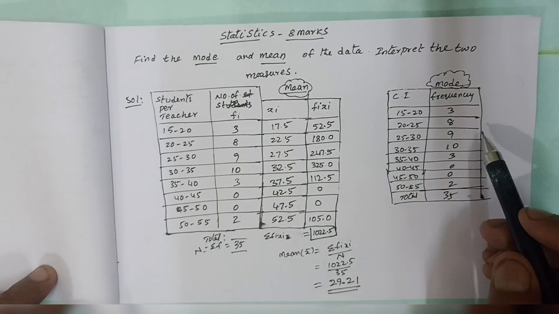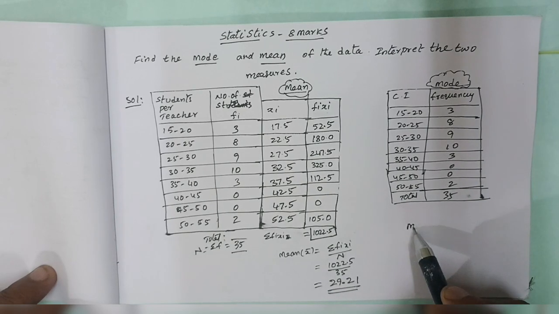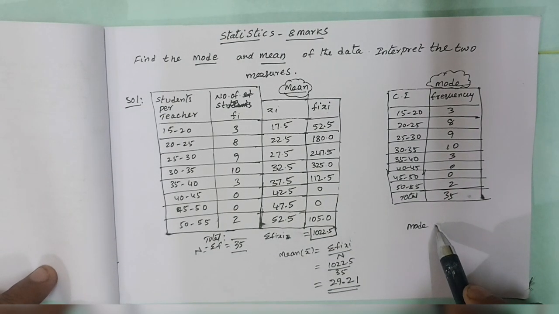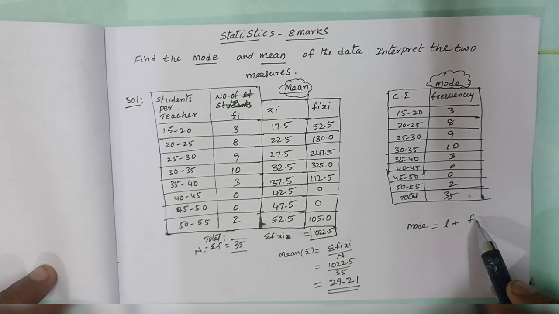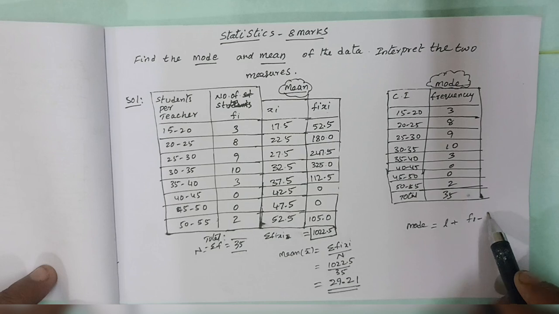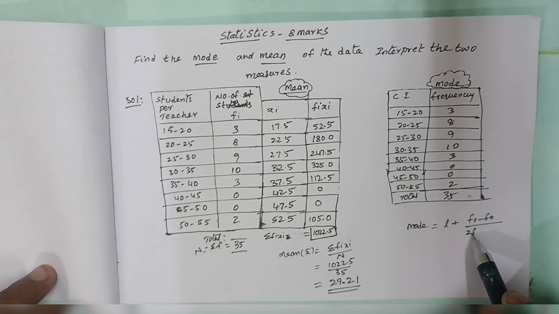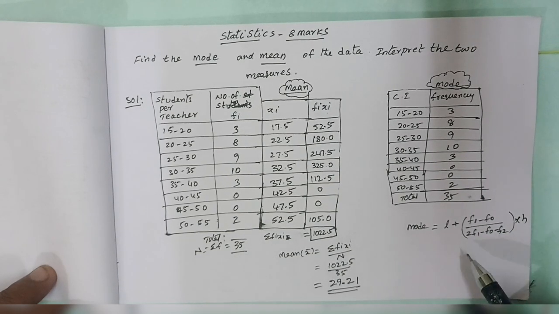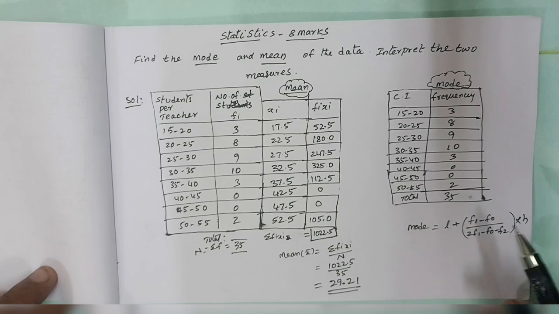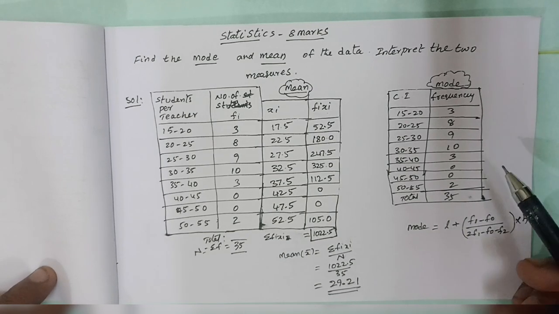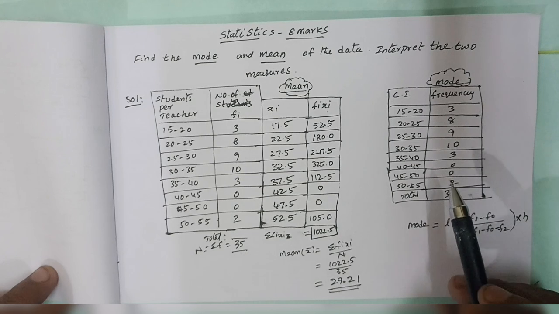Now we want to calculate the mode. Mode formula equals L plus (F1 minus F0) by (2 F1 minus F0 minus F2) into H. Here L is the lower limit of the modal class.